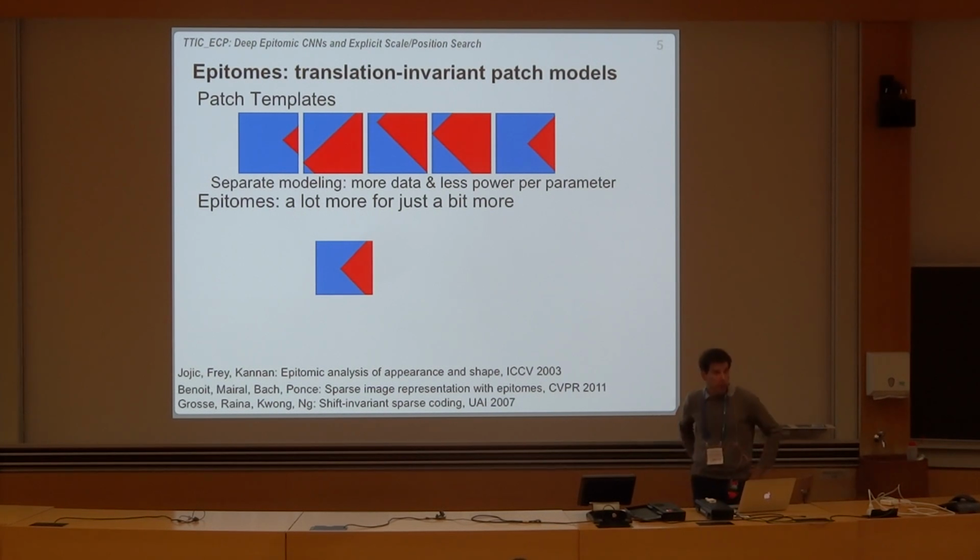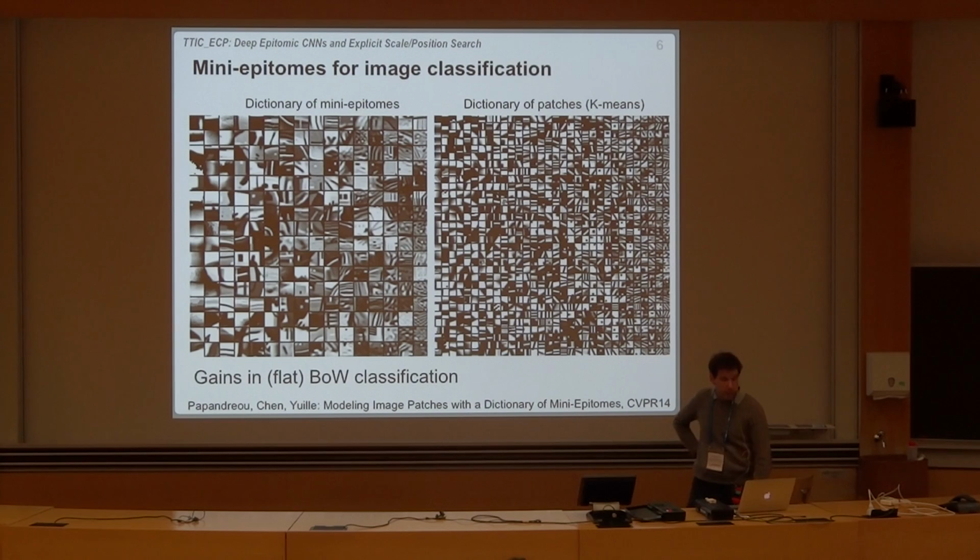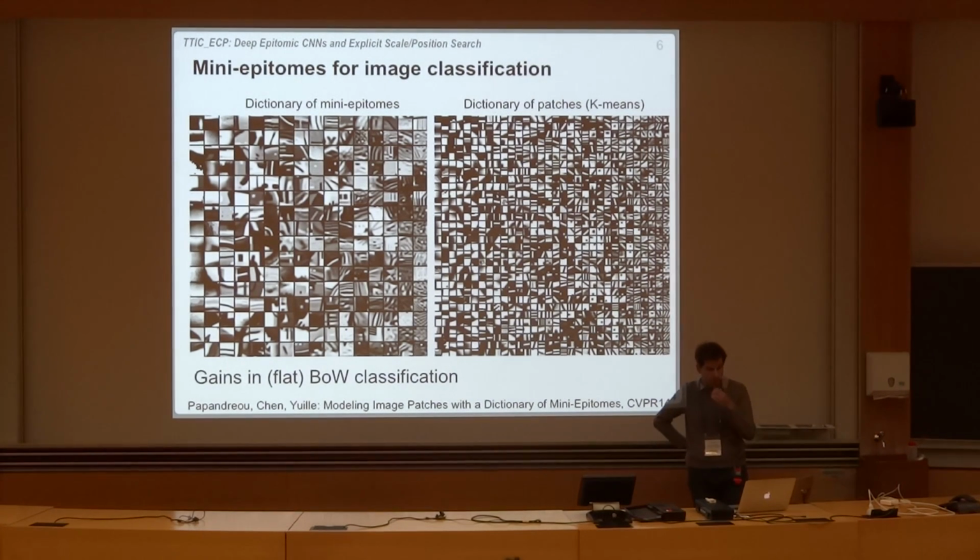So this was introduced back in 2003 by Frey and Jojic, and it has been extensively used in tasks like unsupervised learning of dictionaries for images, and typically in the generative setting. So its use in the discriminative setting was not thoroughly explored. One step in this direction was in 2014 by George Papandreou et al. What they showed is that if we use the epitome to learn image representations in an unsupervised way, as an image coding scheme, we get a much more diverse representation.